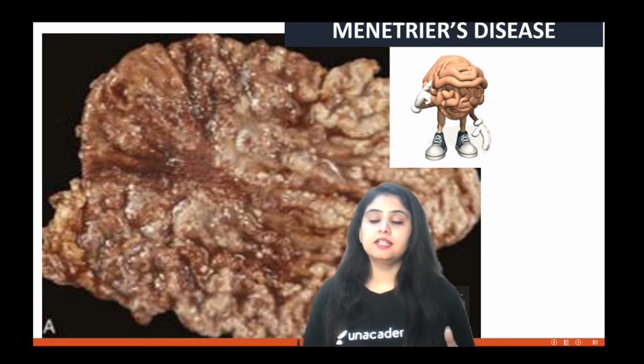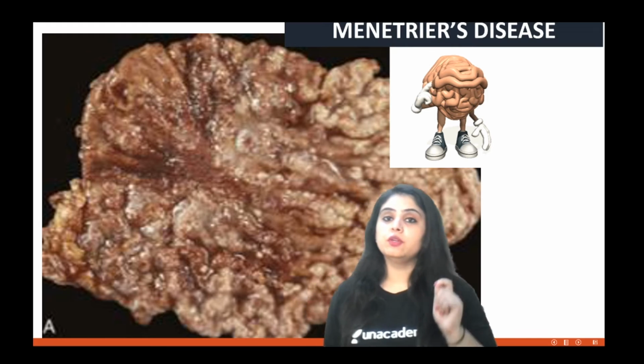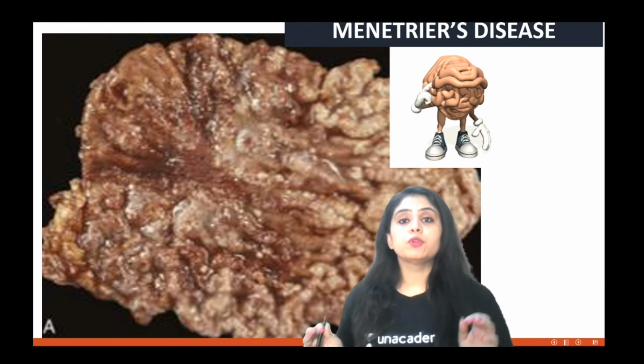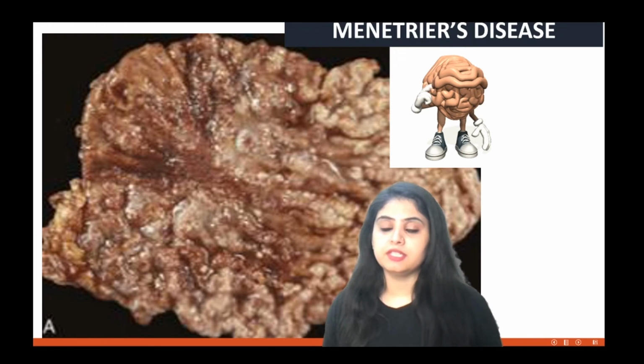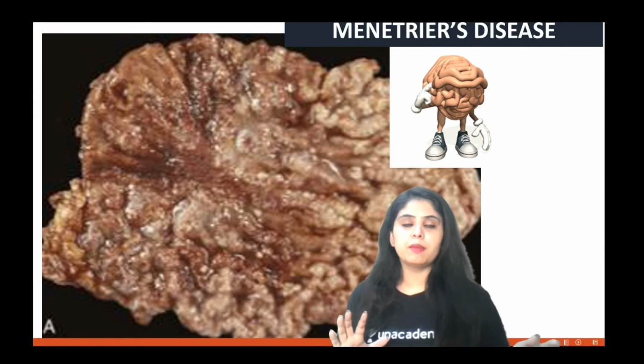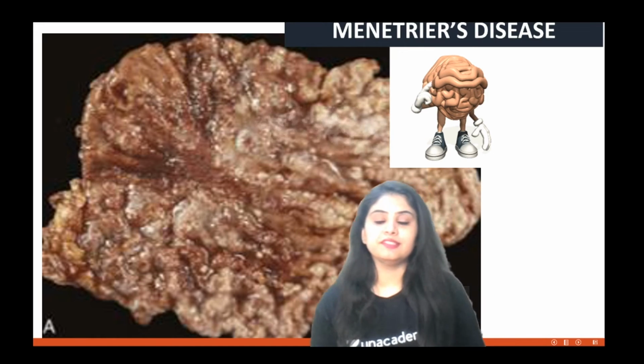What is that cell? The foveolar cell. So you will see an increase in the foveolar cells. And lastly, this is a type of protein losing enteropathy. So a couple of quick questions that we've discussed, but this image, guys, is very important for the exam. Just remember that the stomach starts looking like the brain, and that's Menetrier's disease.